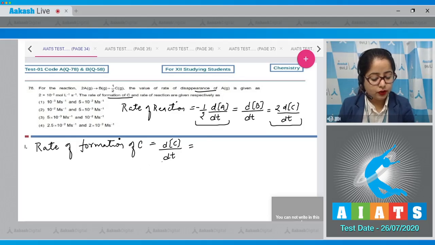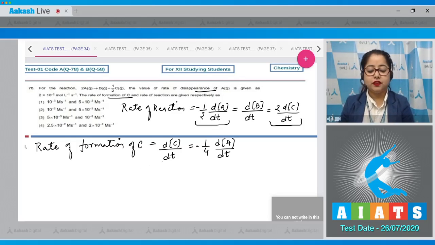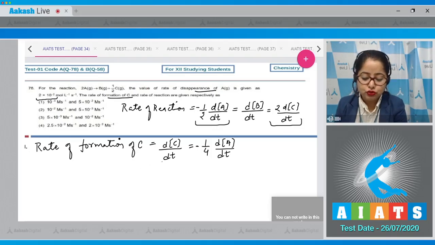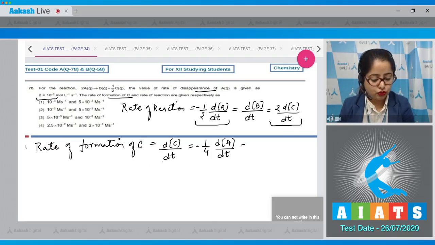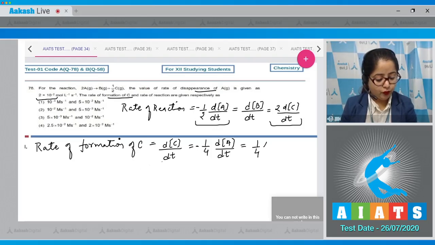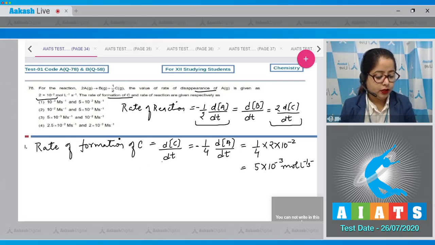This will be equal to 1 upon 4 times minus dA by dt, since we are given the rate of disappearance, which is equal to 2 into 10 raised to the power minus 2. So 1 upon 4 multiplied by 2 into 10 raised to the power minus 2, which is equal to 5 into 10 raised to the power minus 3 mole per liter per second.